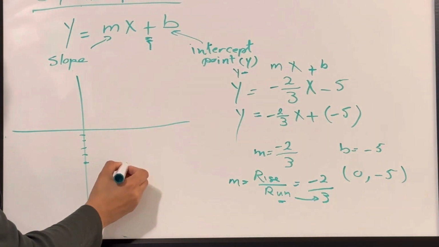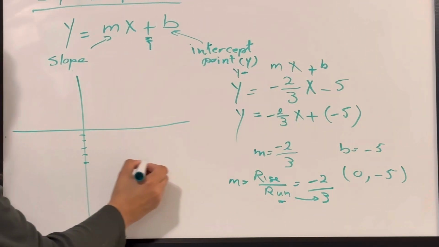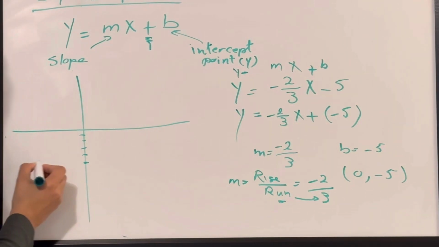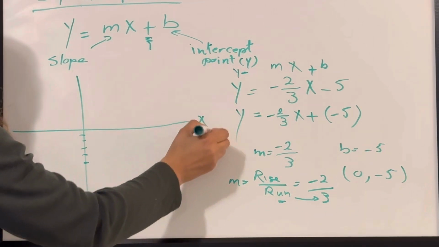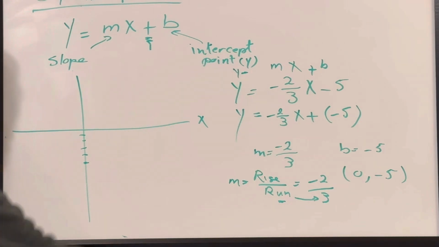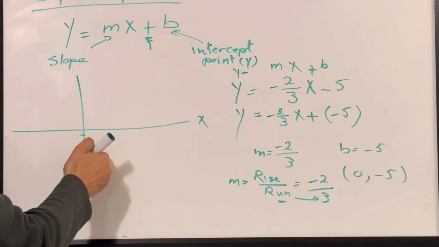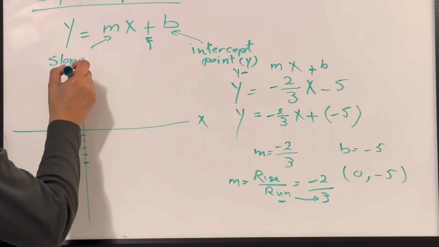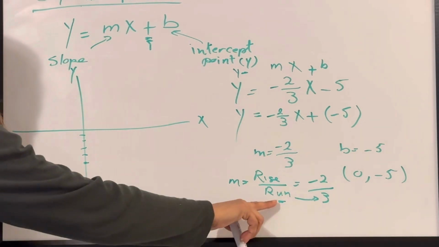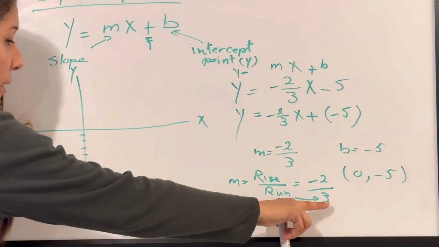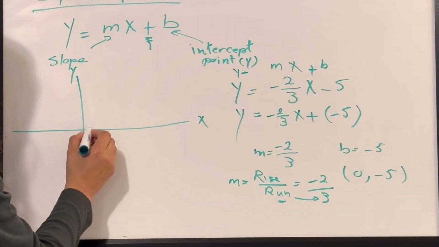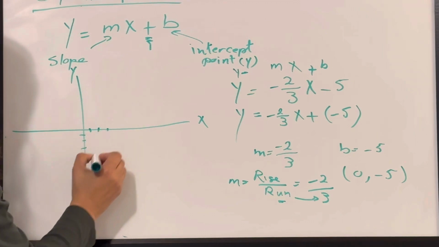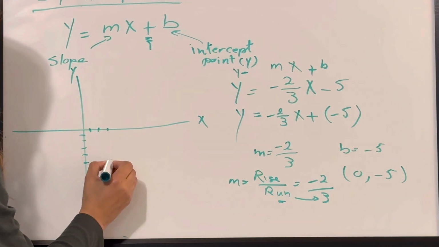The run goes parallel to the x-axis, and the rise is going up or down on the y-axis. So here the run is 3, so I'm going parallel to the x-axis 3. 1, 2, 3.